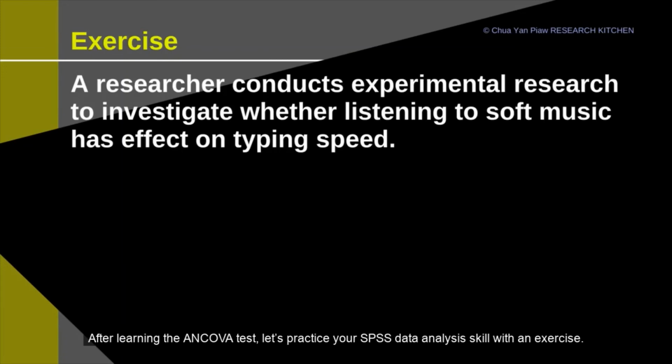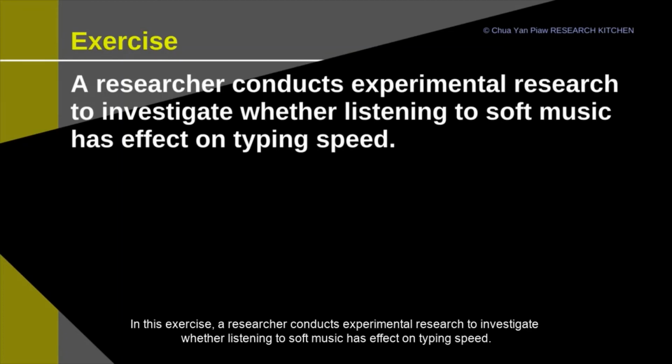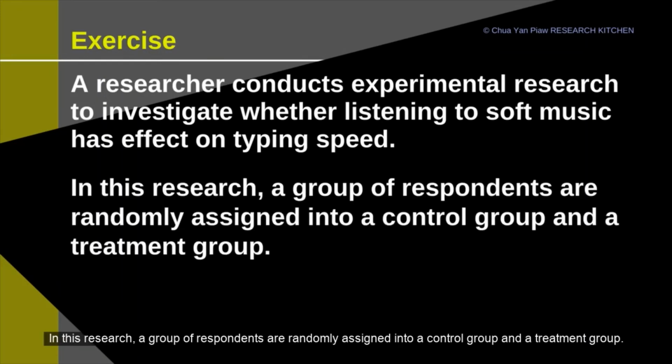After learning the ANCOVA test, let's practice your SPSS data analysis skill with an exercise. In this exercise, a researcher conducts experimental research to investigate whether listening to soft music has an effect on typing speed. In this research, a group of respondents are randomly assigned into a control and a treatment group.